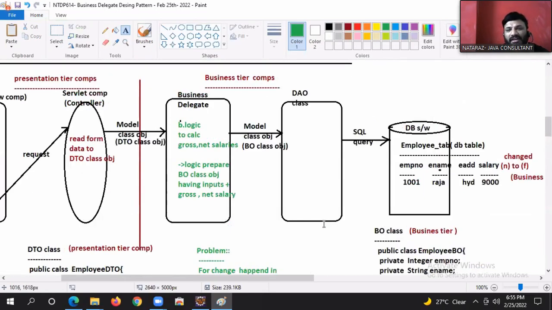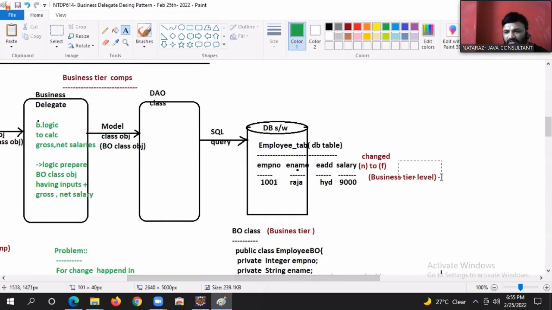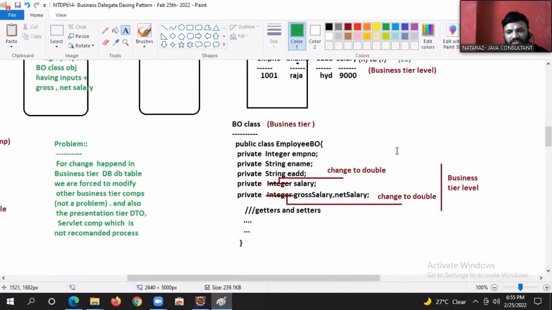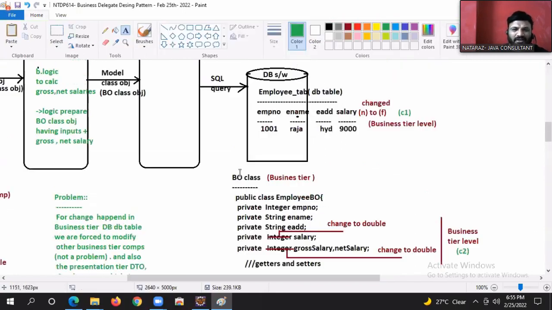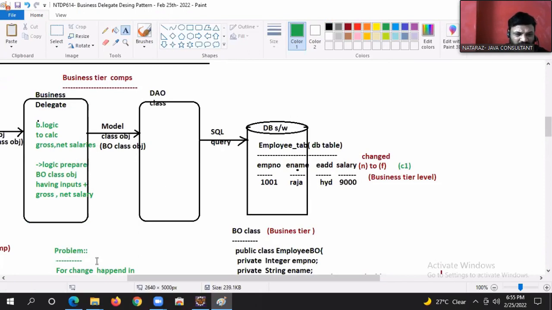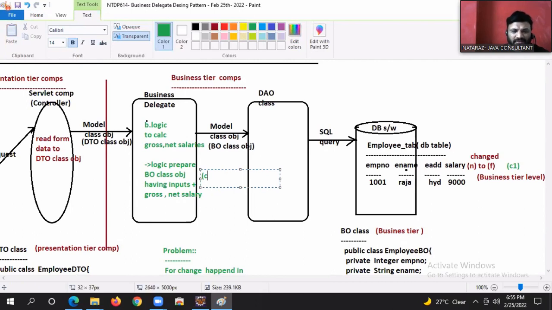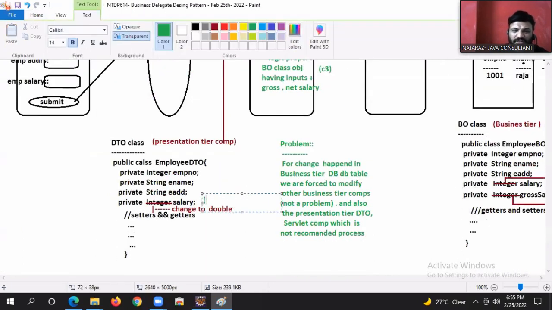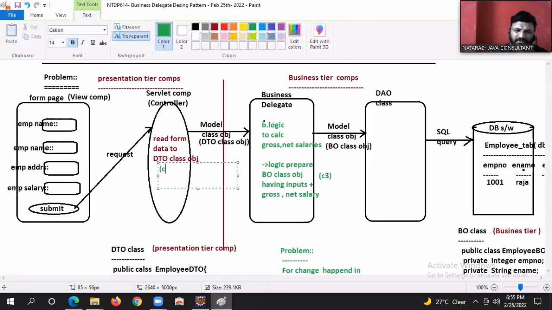Okay, now earlier what, guys? Change 1, change 2, change 3. Here also change will happen. Somewhere here change will happen, right? Change 3. No problem. Then we are forced to go for change 4, and change 5.